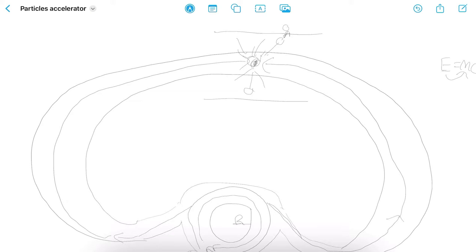For example, the matter we can observe is much more than the antimatter. That means matter that has the opposite properties as normal matter.